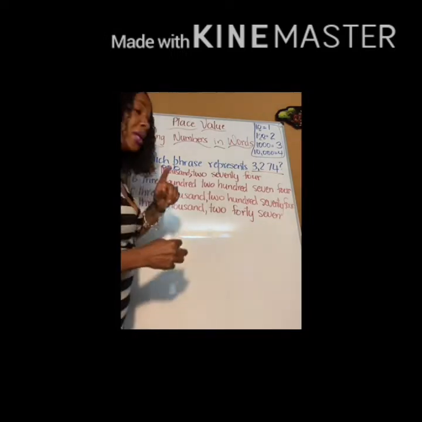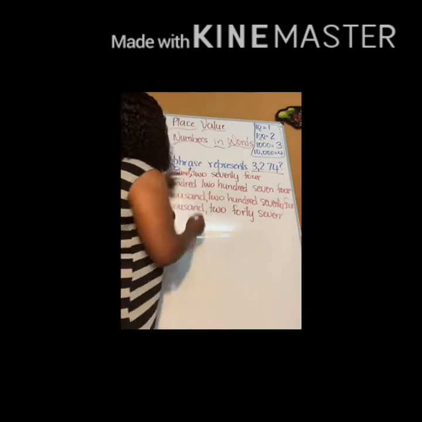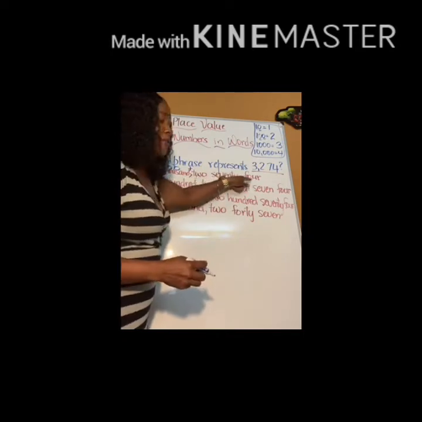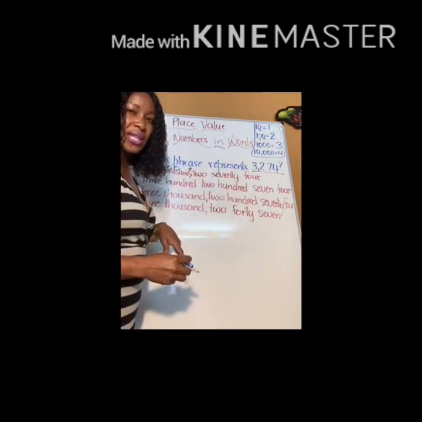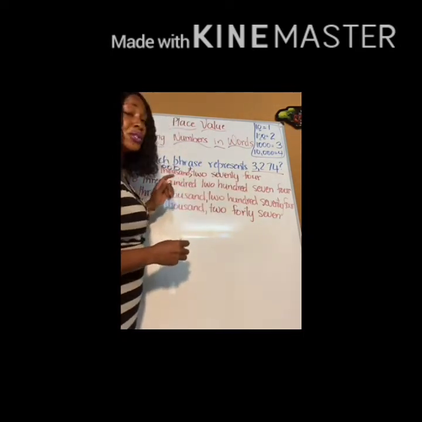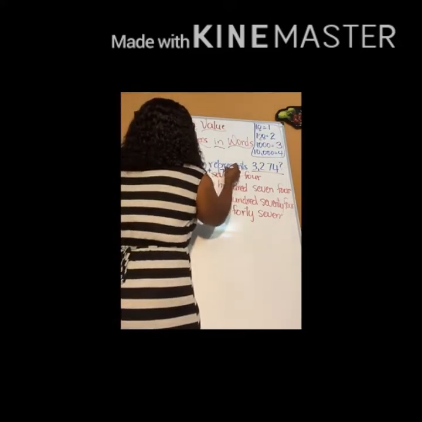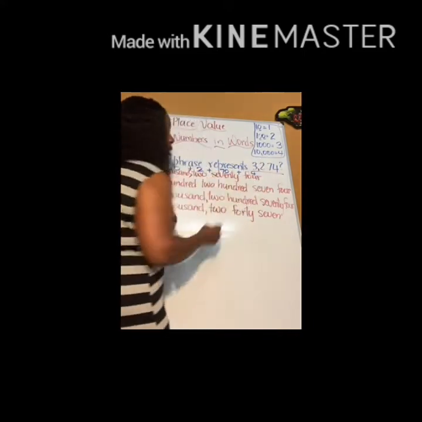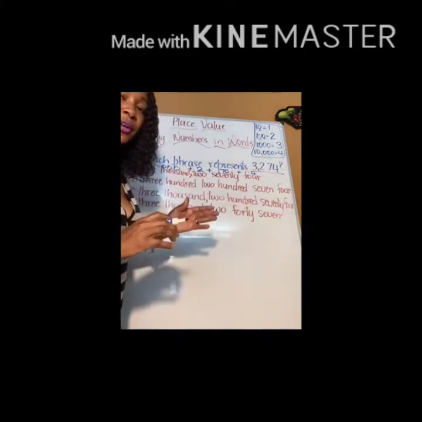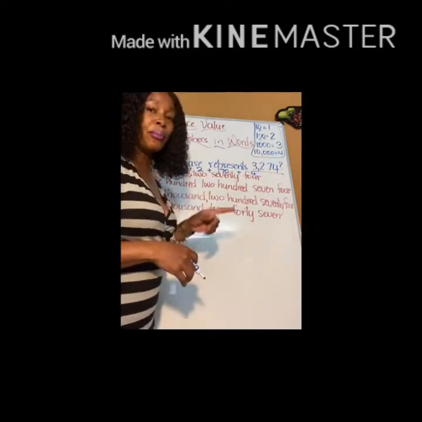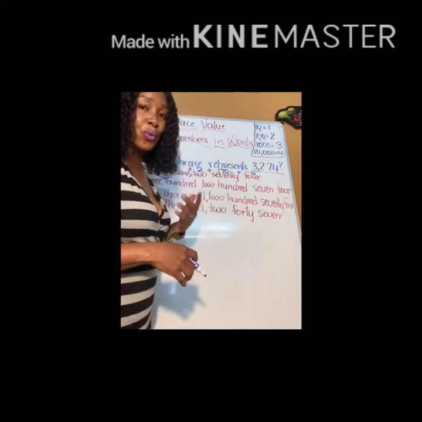And I'm putting plus 274. That sounds like something is missing, but I'm still going to work with it. So 2 plus 70 plus 4. So for each word, I'm writing the number that represents that word.